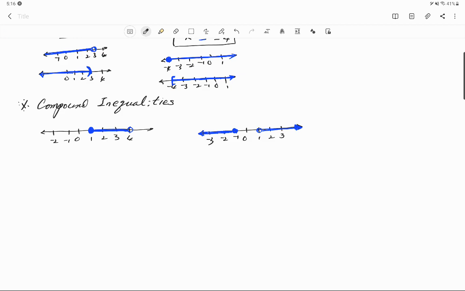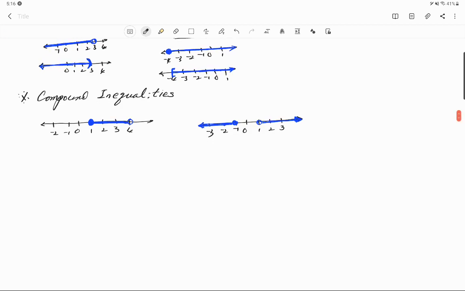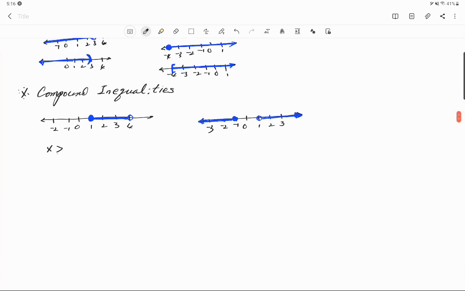Next definition is compound inequalities. There are two examples. The first example on the number line: the solutions start from 1, and 1 is included, all the way up to 4, but 4 is not included. This means two inequalities are combined. x is greater than or equal to 1, so there are many x values greater than or equal to 1, right?